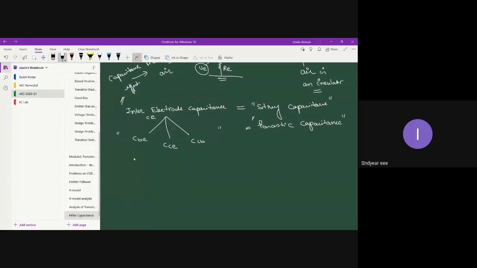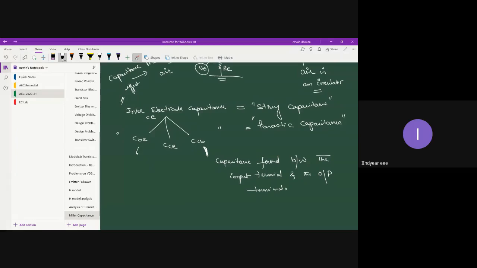Now the Miller effect capacitance is nothing but the capacitance which is the largest amongst the three. So that is this capacitance, base to collector capacitance, or the capacitance found between the input terminal and the output terminal.